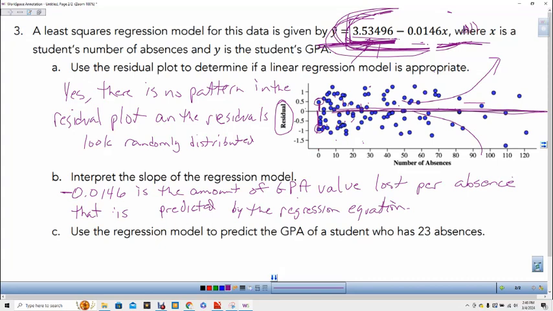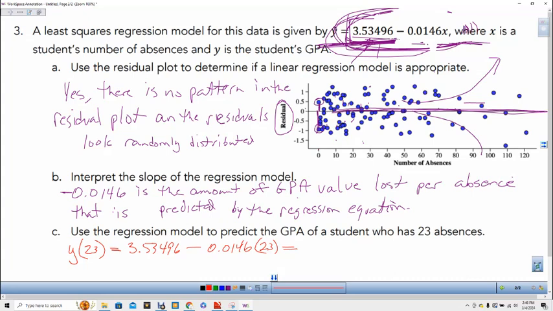All right, so let's do part C. Use the regression model to predict the GPA of a student who has 23 absences. So that means we're looking at y of 23, and that just means we're going to plug in 23 for our x. We've got 3.53496 minus 0.0146 times 23.